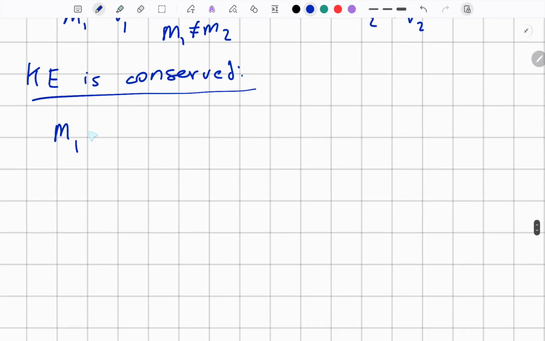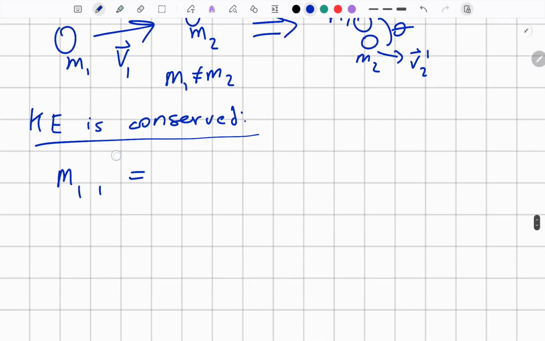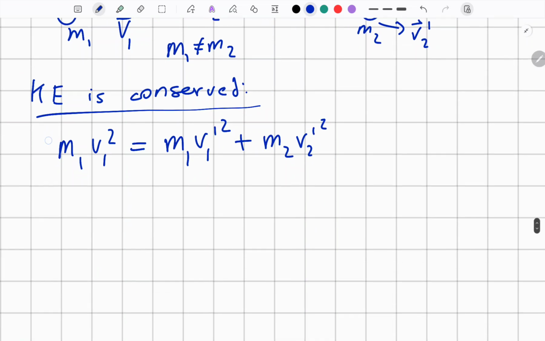So our kinetic energy is going to be m1 times the initial velocity squared, which we can just write as magnitude squared, is going to be equal to m1 v1 prime squared plus m2 v2 prime squared. So that's our kinetic energy.